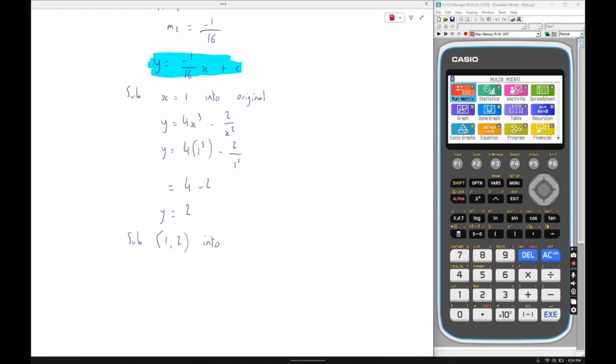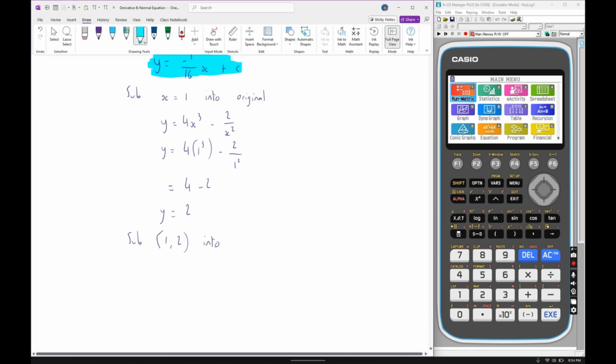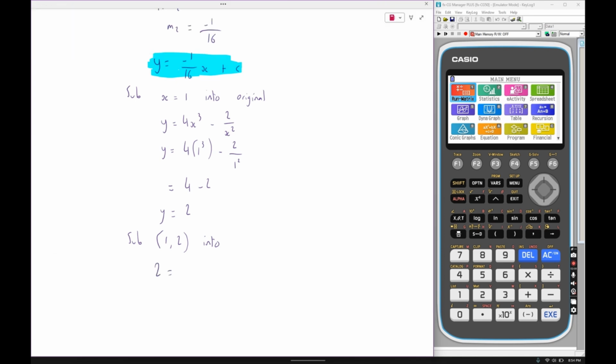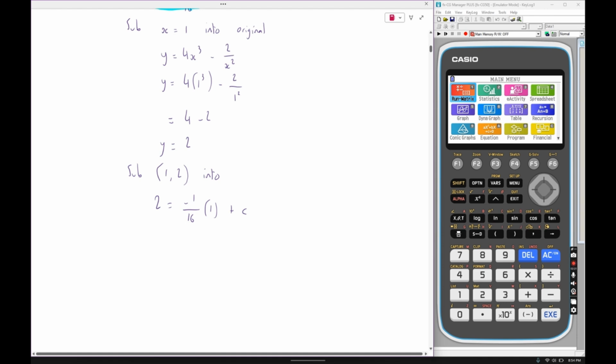So let's do this. Now, instead of y, we have 2 equals -1 over 16 times x. So we'll do this times 1 plus c. Well, -1 divided by 16, all of that times 1, is just going to be the same thing, plus c, and we want to try and get c by itself. So the opposite of minus 1 over 16 is to plus 1 over 16.